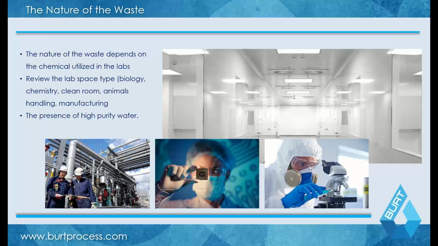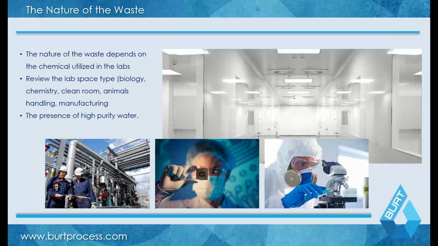The nature of the waste depends on a lot of things, whether it's the type of lab you're in, or facilities of biology, chemistry, animals, manufacturing, clean rooms, aerospace, pharmaceuticals. They're all going to have a different kind of waste stream. Whether you have a boiler is another thing that comes into play. It's not always obvious what the waste profile is.